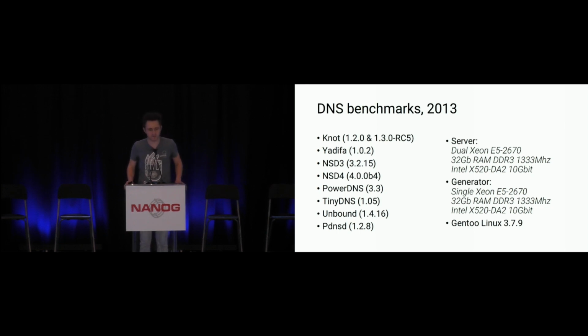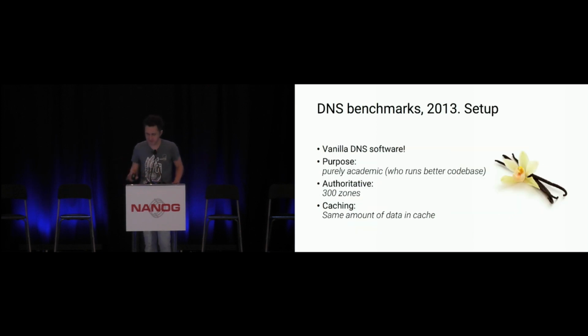Almost 5 years ago, we carried out a complex benchmarking for different DNS server software releases. There was a comprehensive list, which is on the slide, of the products to test, and we brought some hardware, decent at the moment, for that. All the software was in vanilla state without any third-party patches or plugins. Our purpose was purely academic, in order to find out who runs better code with better hash tables and stuff.